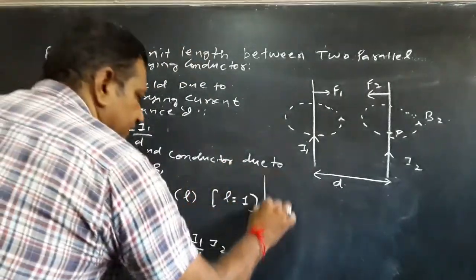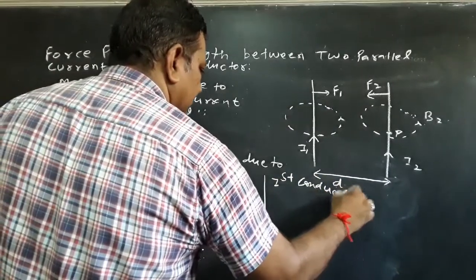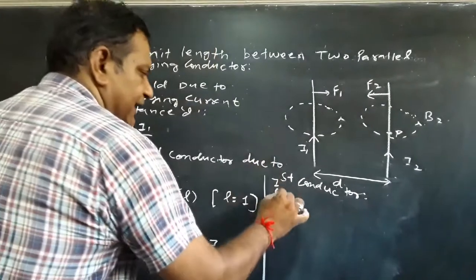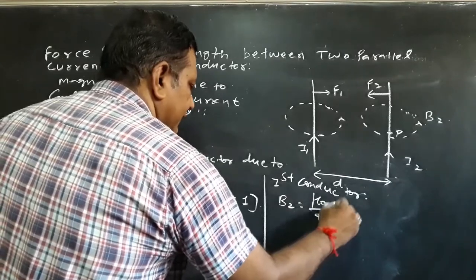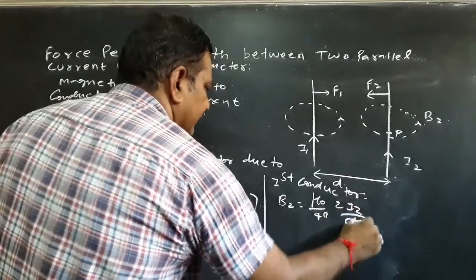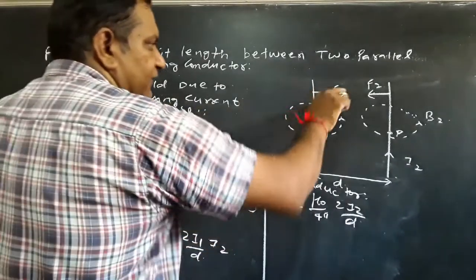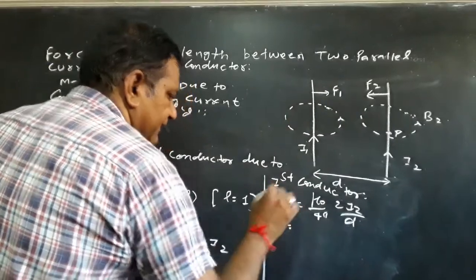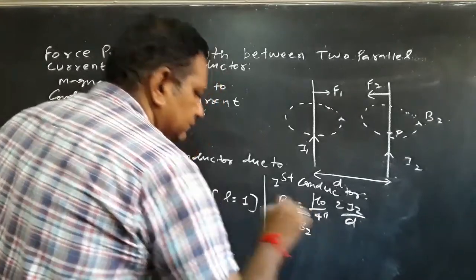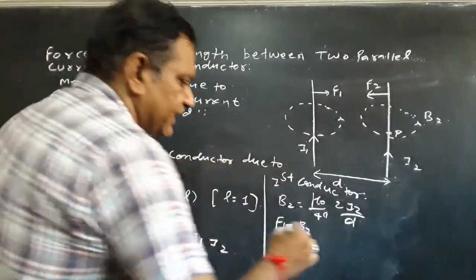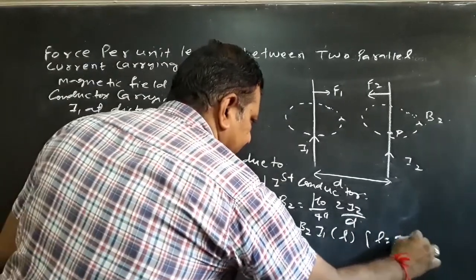Similarly, on the first conductor, the magnetic field is B2, equal to mu naught upon 4 pi into 2 I2 upon D. Now, the direction of force F1 is in this direction. So we can find the magnitude: F is equal to B into I into L. But the magnetic field is B2, current passing in the first conductor is I1, and length is L, which is taken as 1.